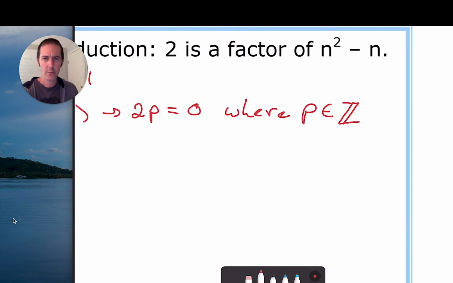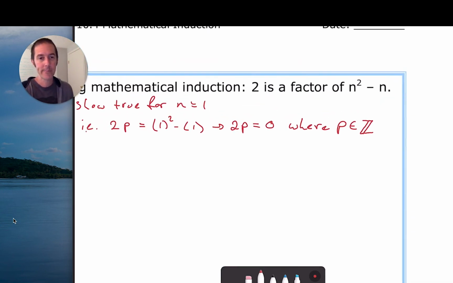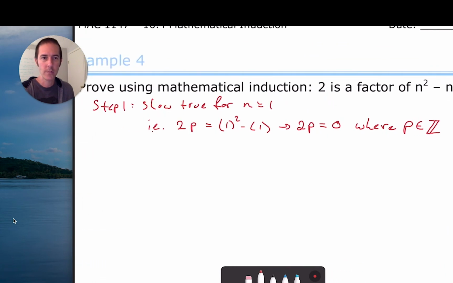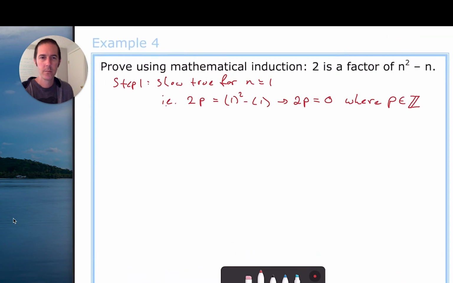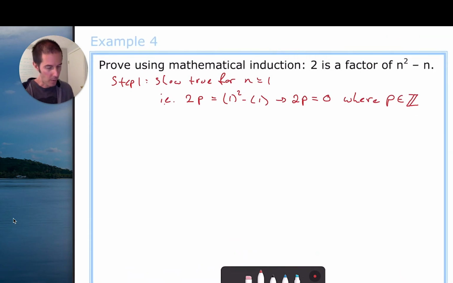Couldn't we have just written where p is an integer? Yes, but for those of you who are going to go farther through your study of maths, now you've seen that notation. And then we can put a check mark because that worked.